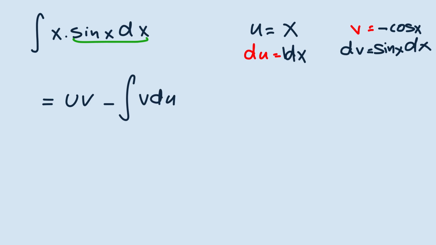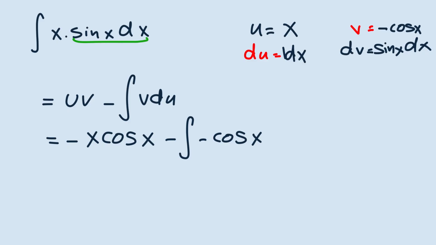Now we can plug the values here very easily. u which is x, and v equal minus cosine x. So it will be minus x cosine x minus integral of v du. v, which is minus cosine x, and du equal 1 dx. I will just write dx.